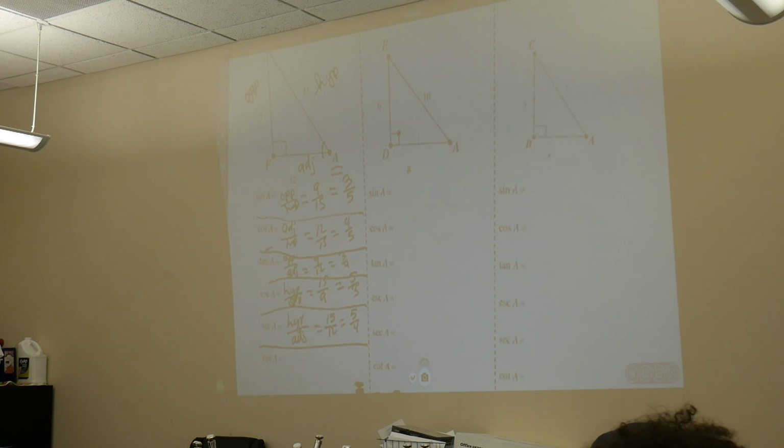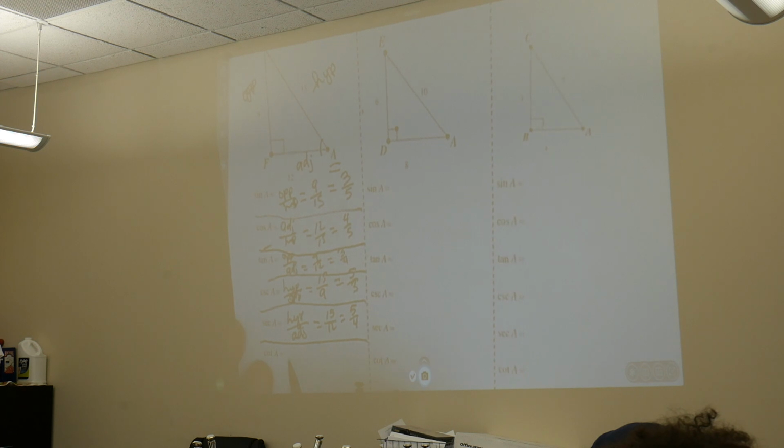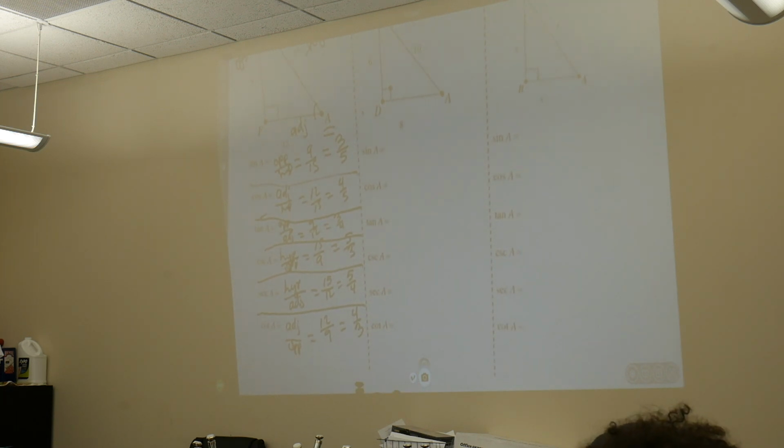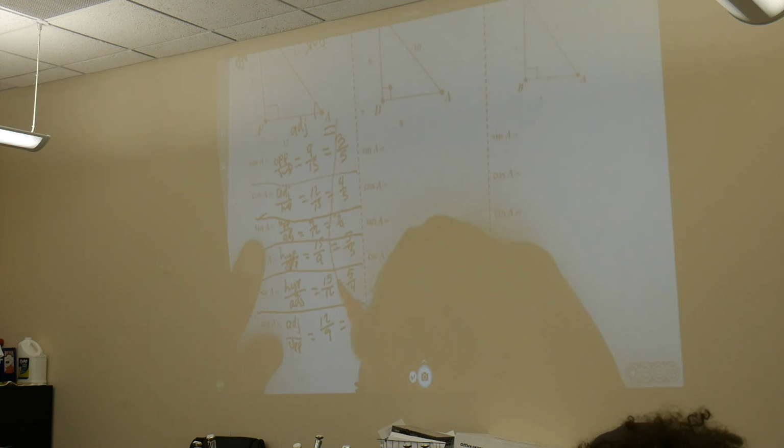Are we good? So now if I know tangent, I can find cotangent by just flipping it, right? So if the tangent was opposite over adjacent, my cotangent is going to be adjacent over opposite. And we say our adjacent is 12, and our opposite is 9. And so I get 4 out of 3 when I reduce. So here are my values.